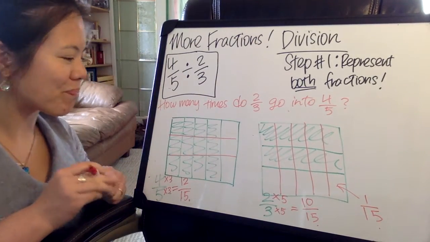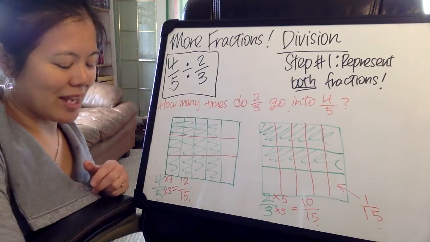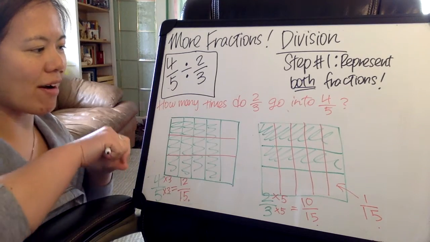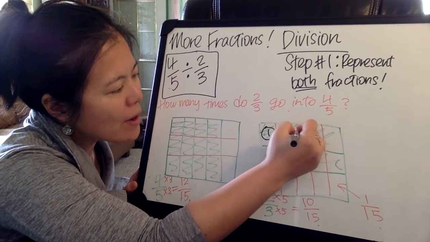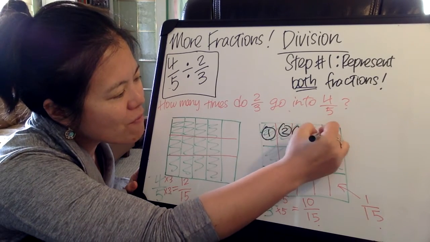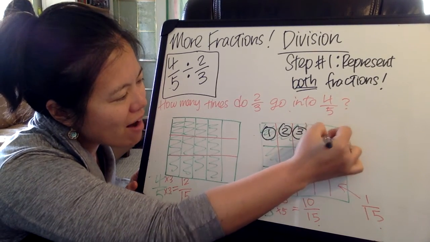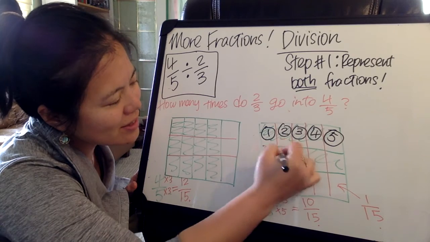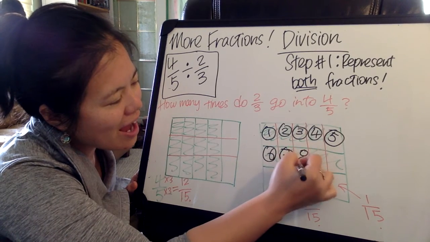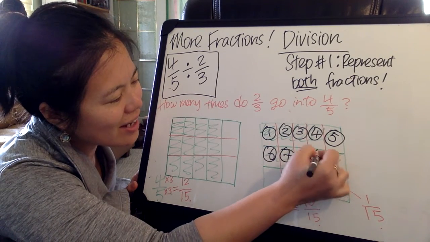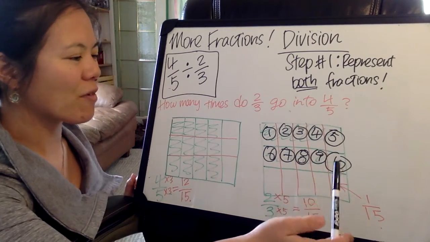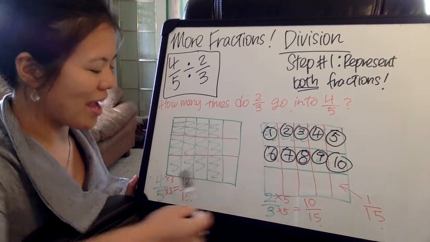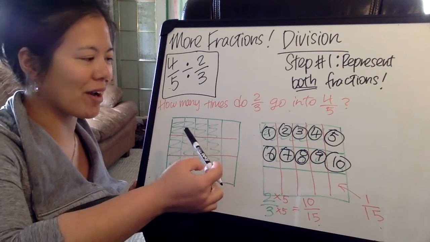Okay, so if I count this part, I have 1, 2, 3, 4, 5, 6, 7, 8, 9, and 10. Right? Of course they are, because it's 10/15. I know that there are 12 right over here.